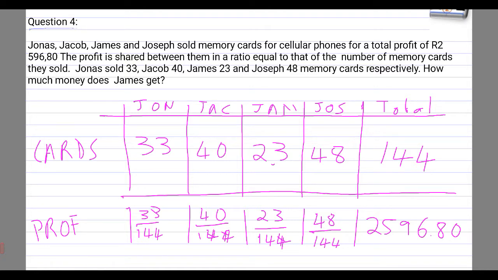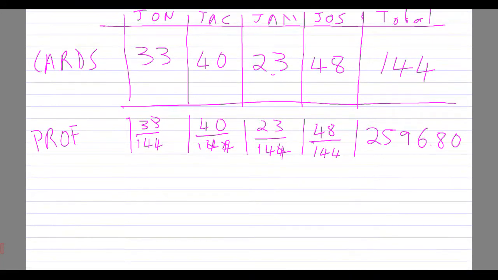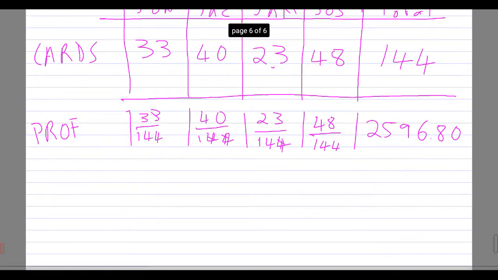So what we then do, to get the portion for each one, is take the total amount times the ratio in terms of how many memory card sales they contributed towards the total. In this case we want to know for James. The question is asking about James.